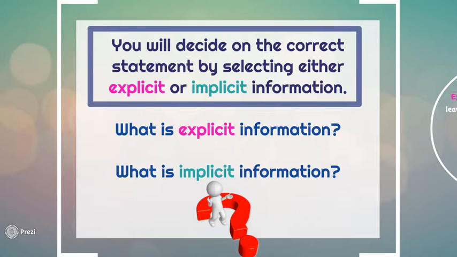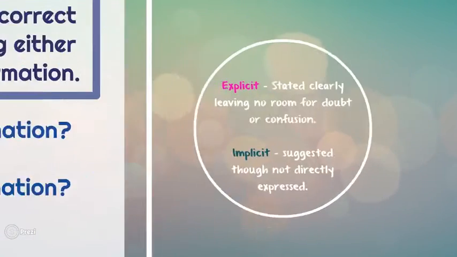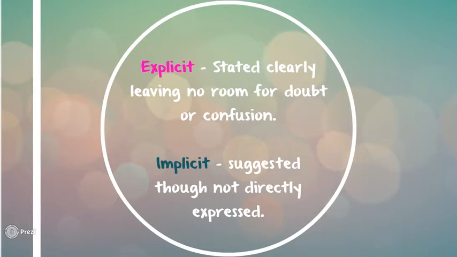And to be able to access the true statements, you are going to need to be able to draw on your understanding of explicit and implicit information. So let's just have a quick reminder of what those actually mean. So explicit information is stated clearly, leaving no room for doubt or confusion. It's quite often easier to see explicit information because it's on the surface, it's right there in front of you.